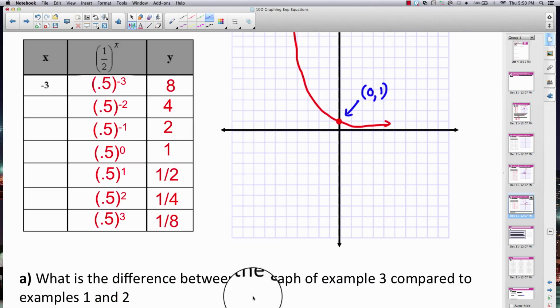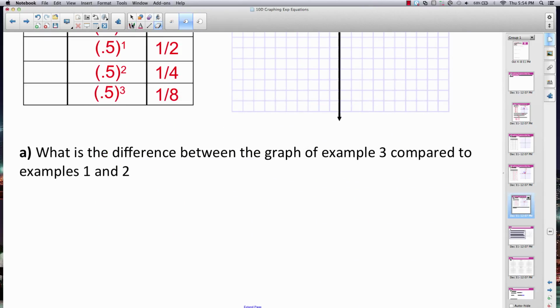So what's the difference between the two? If the base is greater than 1, so we saw like 2 to the x, 3 to the x, 8 to the x, then the graph increases.